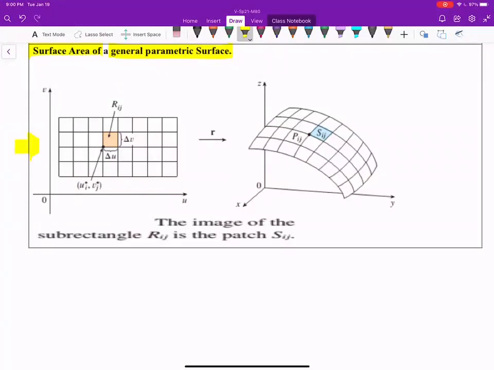The area of this subrectangle Rij is delta u times delta v, which is the length times width, where ui star, vj star is a specific point in that Rij rectangle. This parametric domain gets mapped onto this surface that is shown in this picture. It's a curved one, by the mapping R of uv.